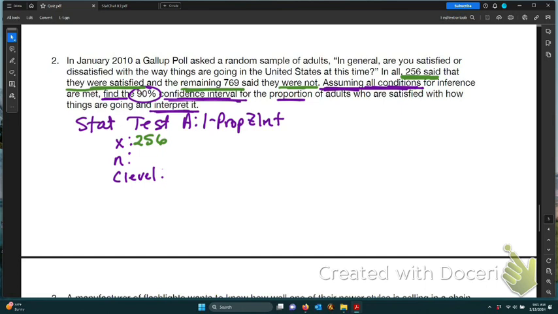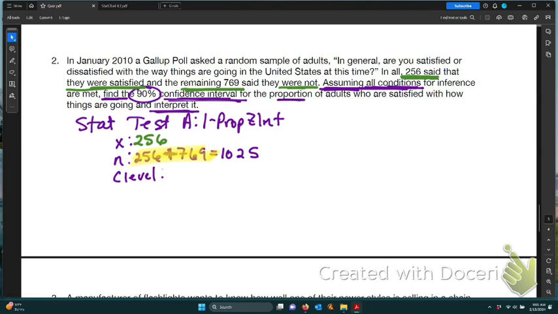The remaining 769 said they were not satisfied. So what's the sample size? The sample size here is 256 plus 769, which is 1025. So be careful on that because it is tempting to just throw in the two numbers that you are shown, 256 and 769.